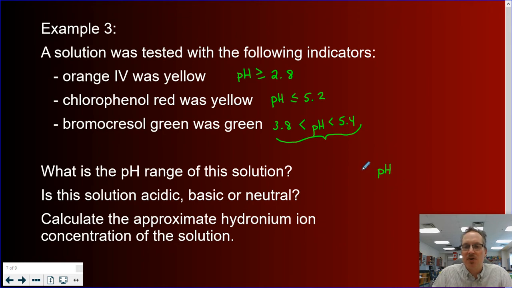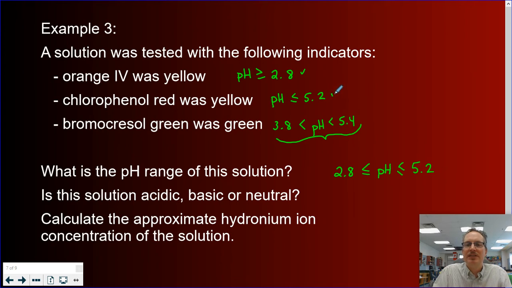You'll notice that I flipped my sign from up above, but remember, we always read from the pH sign, so I'm reading it from right to left this time. pH is greater than or equal to 2.8. That's clue number 1. We also know that pH is less than or equal to 5.2. So it's greater than or equal to 2.8, but it's also less than or equal to 5.2.